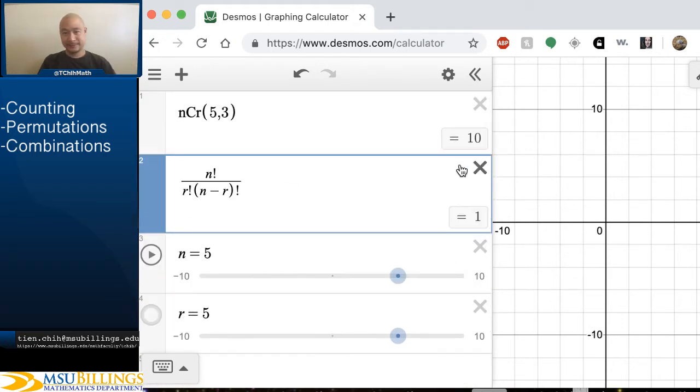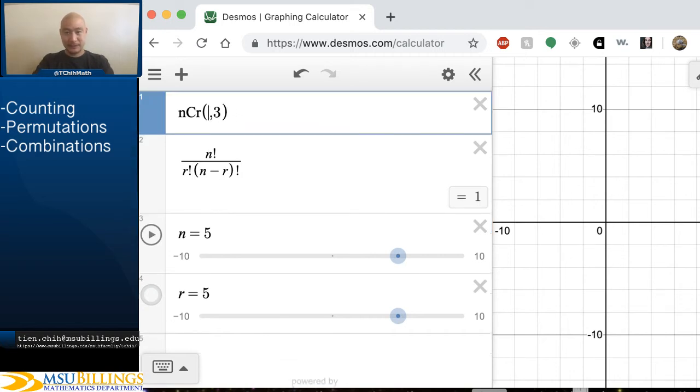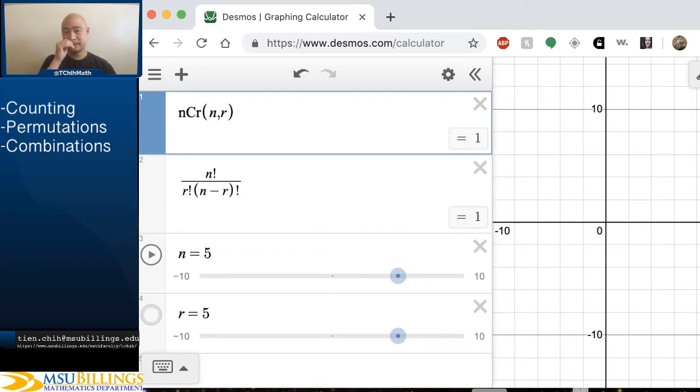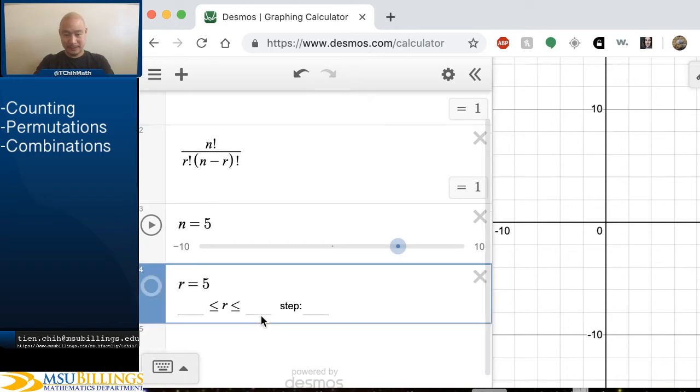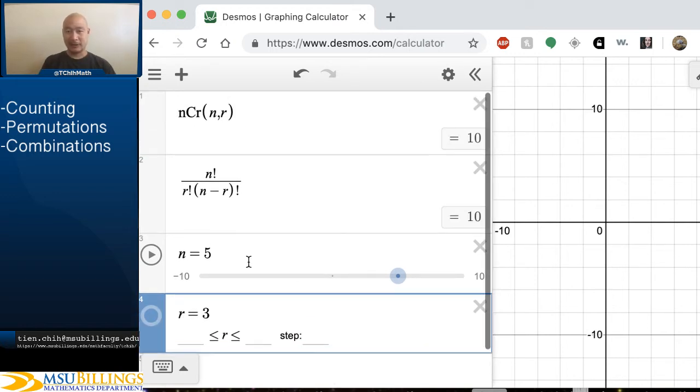When n is 5 and r is 3, we get 10, which is what we said when we did this computation, right?